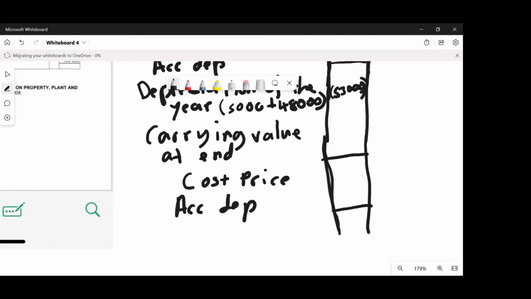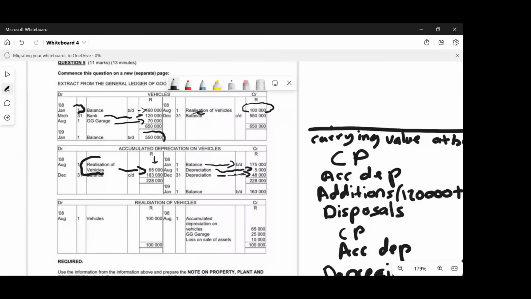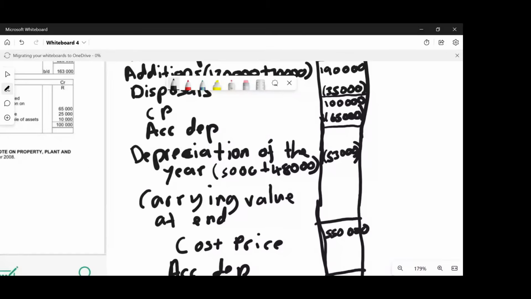So our cost price now is going to change. We go back to our T account. They told us the balance at the end is how much for vehicles? Do we all see that? Yes. So you take that 550,000, you record it on the cost price, 550,000, and then you go back.